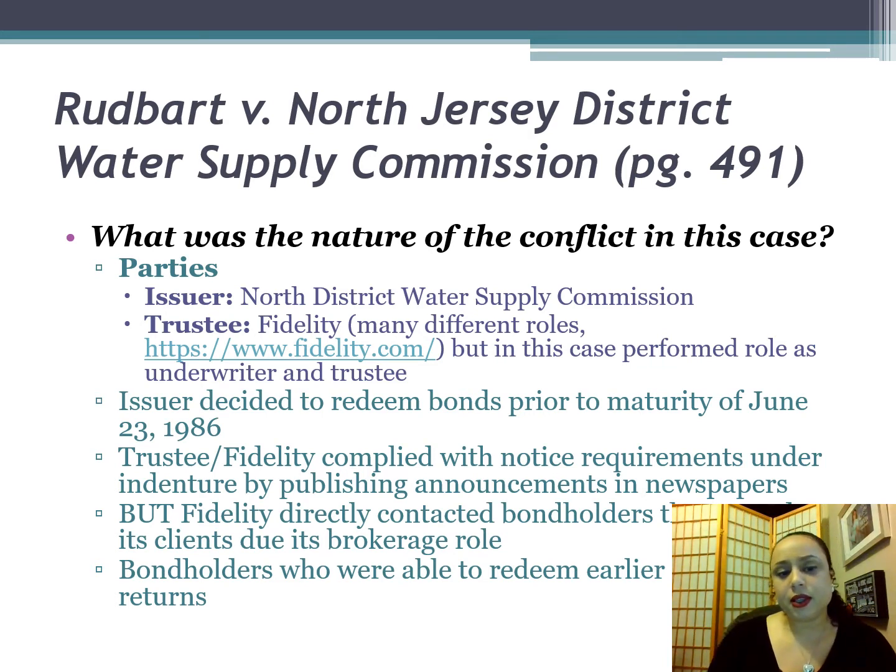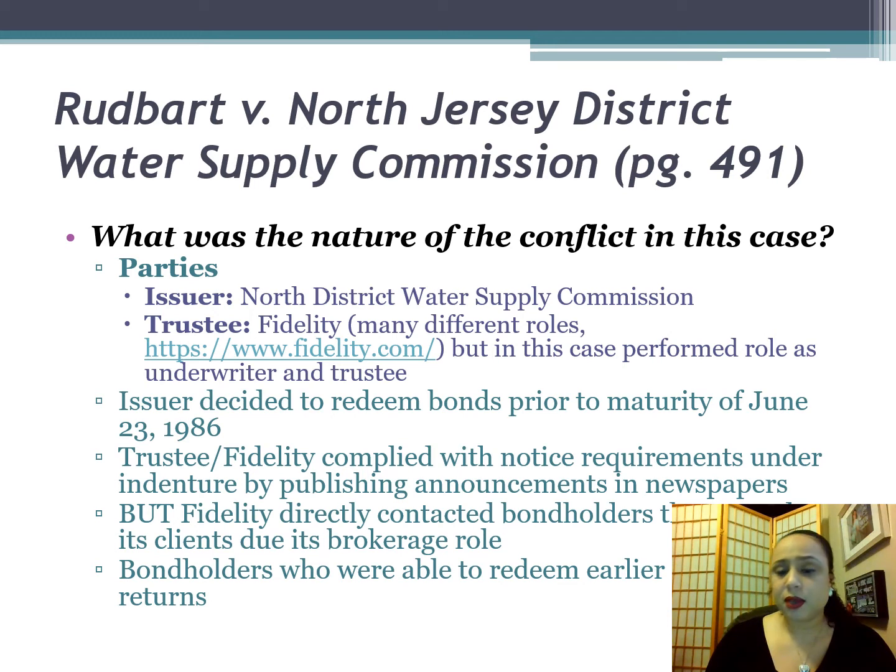So in this case, the issuer decided to redeem bonds prior to the maturity date of June 23rd, 1986. Okay, kind of a similar fact pattern in that the issuer was seeking to exercise its redemption right. As a result, there are these notice requirements that are embedded in the indenture.